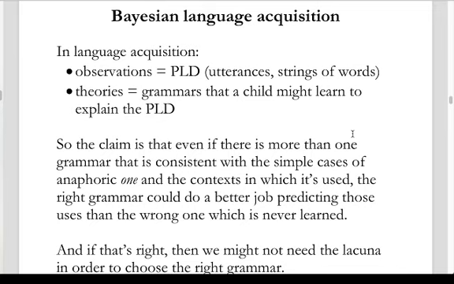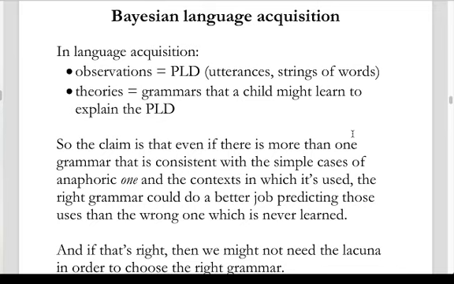But the focus in this Regier Gahl paper is going to be not so much on the pre-existing constraints, but on data-driven aspects of the learning. What are we going to be doing with the primary linguistic data in order to adjudicate between different possible grammars or hypotheses of how, in this case, English works? So the claim is that the data we're going to get may well be consistent with many different grammars.